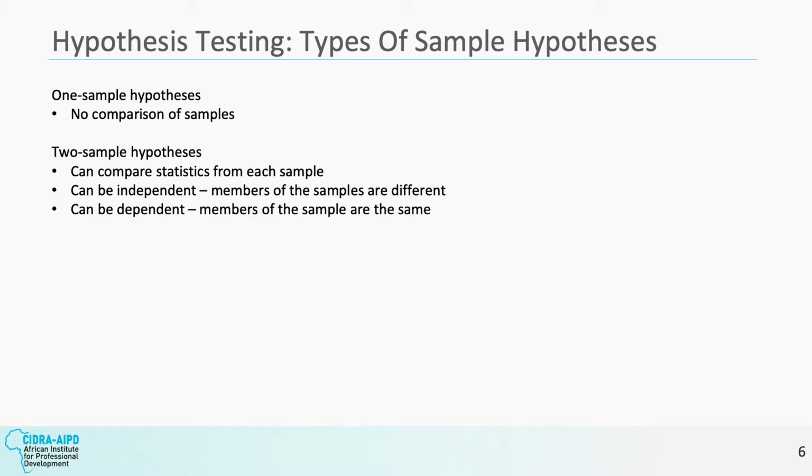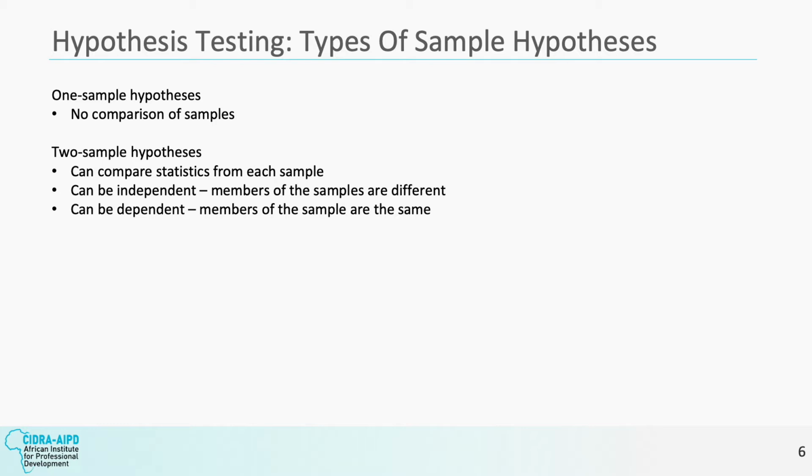When we have 2 or more samples, we can compare statistics from the different samples. We call this a two-sample hypothesis, or problem. In the case of 2 independent samples, the members of the 2 samples are different people, such as a test and a control group. For example, are the students of AIPD taller or shorter than the general population of Rwanda on average?